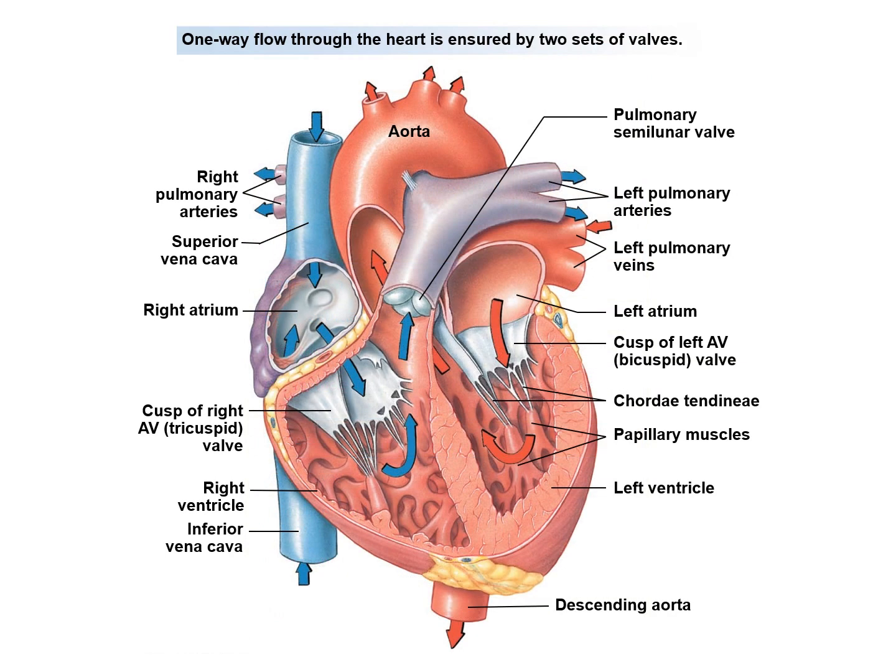This figure here is an extension of the previous slide. However, now we're starting to go into the interior chambers, and we're starting to see the valves and some of the interior structures of the heart that are very, very important for one-way flow in the heart. Again, we have blood returning from the vena cava to the right atrium then into the right ventricle.